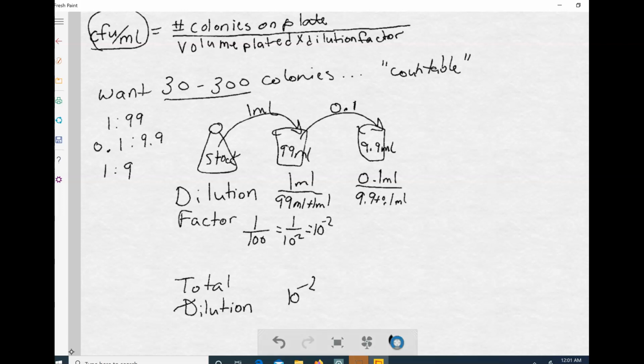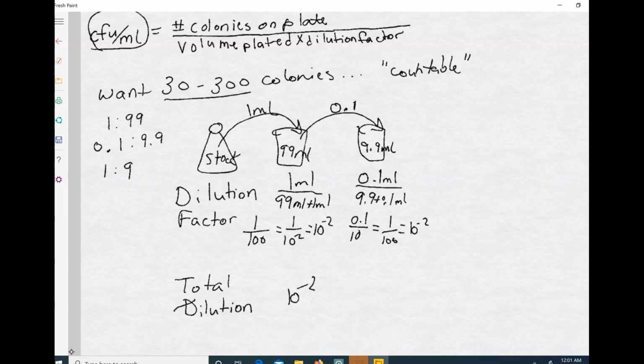So that's a total of 0.1 over 10. 0.1 over 10 is exactly the same as 1 over 100. I could multiply 0.1 times 10 to get 1 and 10 times 10 to get 100. So once again, this is a 10 to the minus 2 dilution.